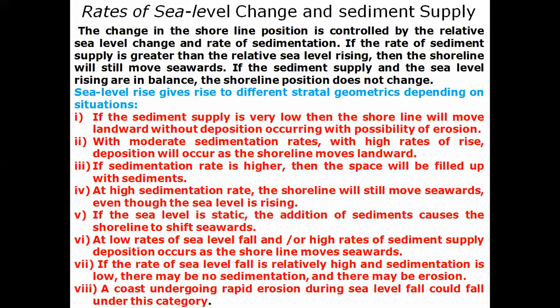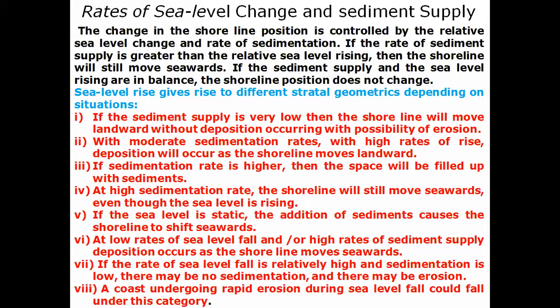Now, the rate of change of sea level and the accommodation space, what it might be. The change in the shoreline position is controlled by the relative sea level change and rate of sedimentation. If the rate of sediment supply is greater than the relative sea level rise, the shoreline will move seawards.